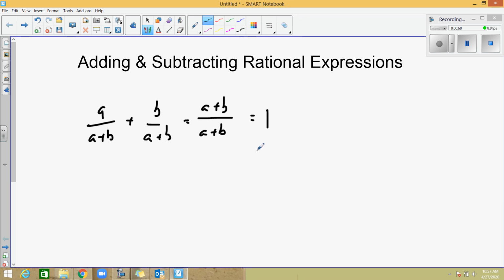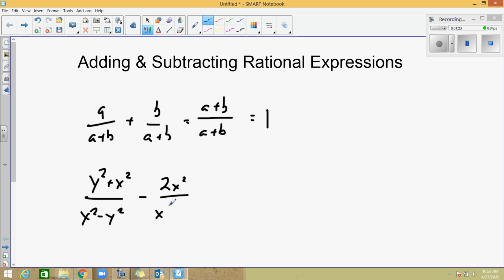Now, likewise, in our subtraction, we've got to be careful when it's subtraction, because whenever we subtract, we add the opposite sign. So let's look at a subtraction one here. Let's go y squared, add x squared to it, and then x squared minus y squared, subtract a 2x squared.